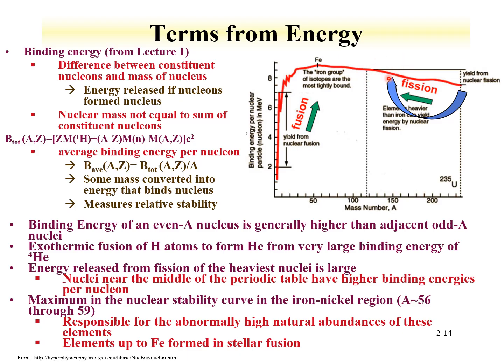This stability is actually responsible for the observed abnormally high abundances of the iron groups in the elements right around iron. And elements up to iron can be formed in stellar fusion. So you get stars gaining energy by fusing these elements together. And we will talk about the stellar processes for making elements later in this course.